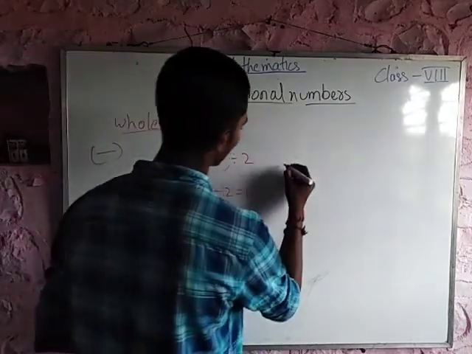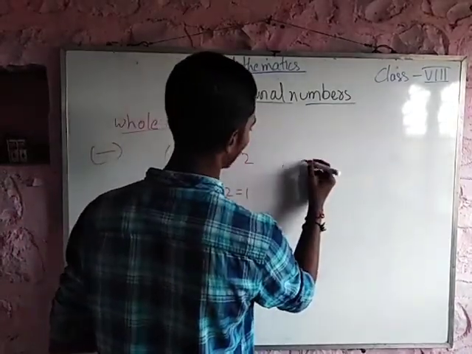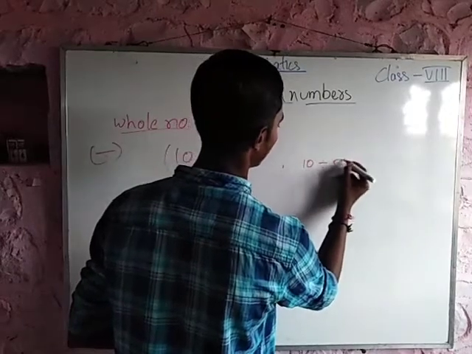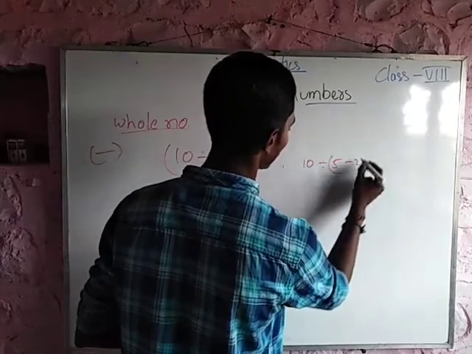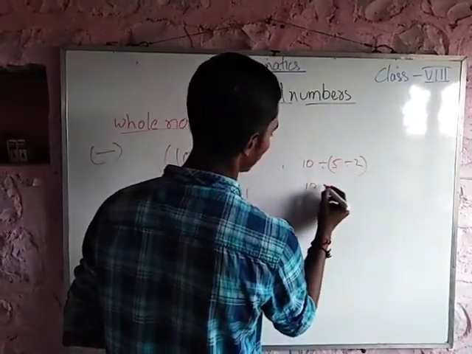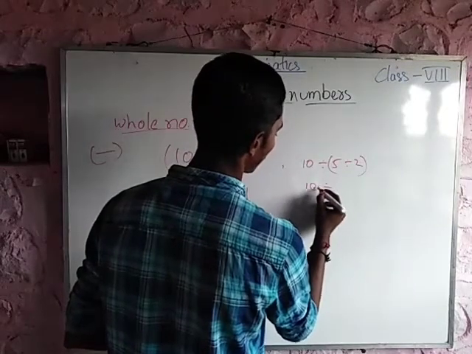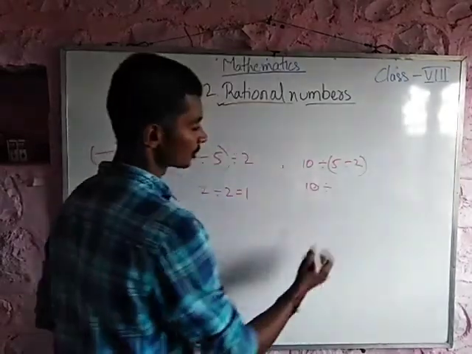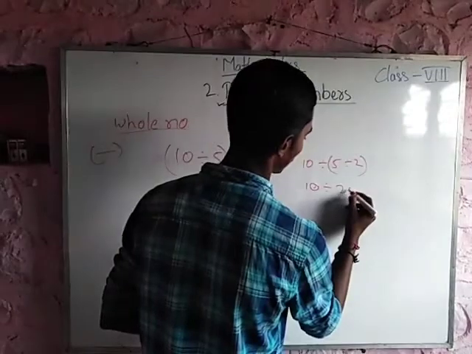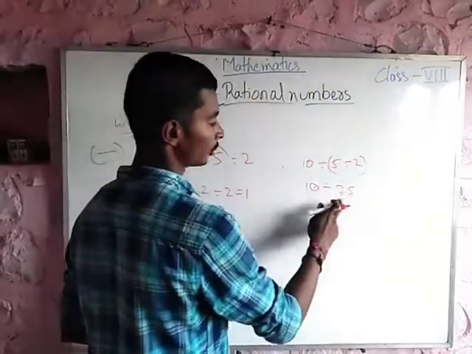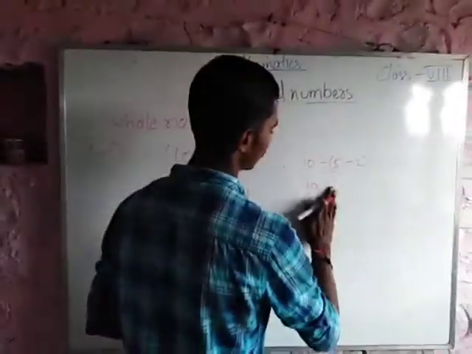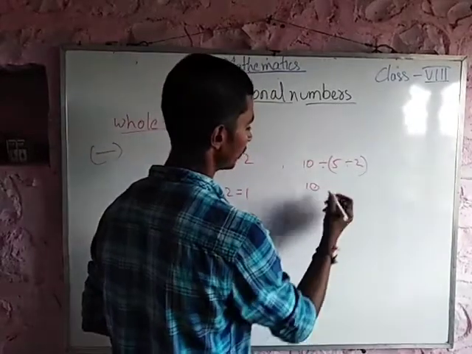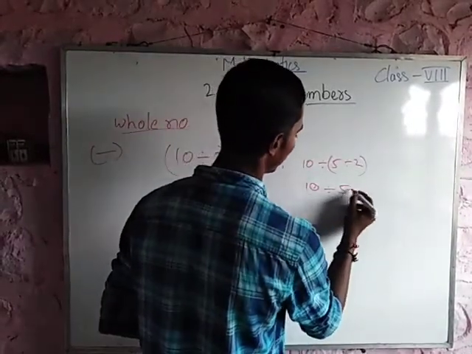Okay, the other way, 10 divided by 5 divided by 2. First I'll do this. 5 by 2 is 2.5. 10 by 2.5, or simply this will be like this, 10 divided by 5 by 2.